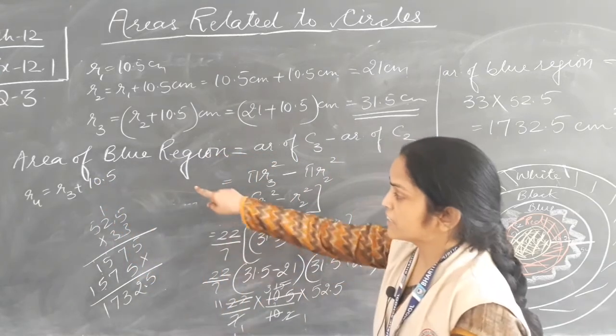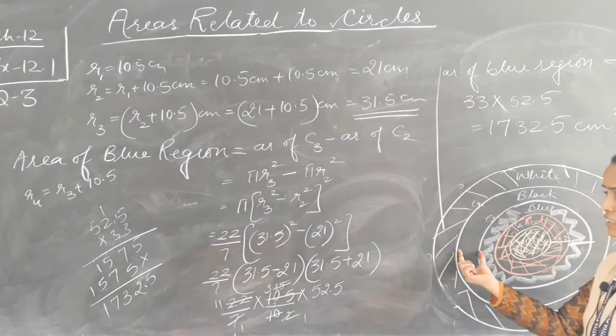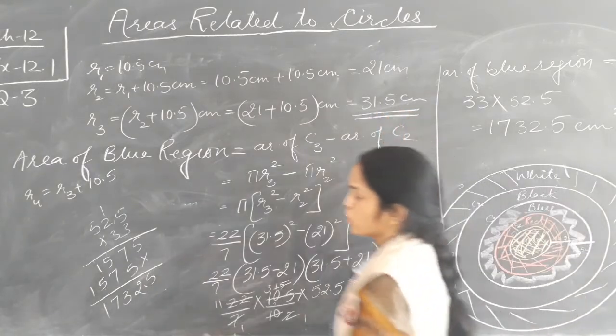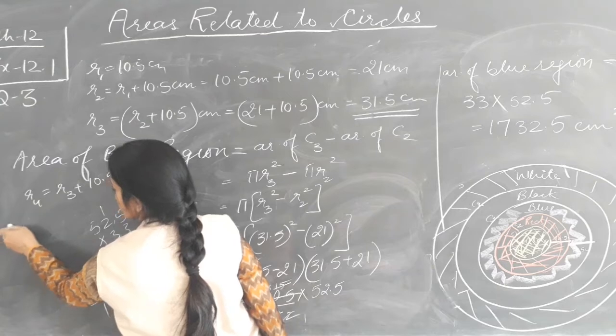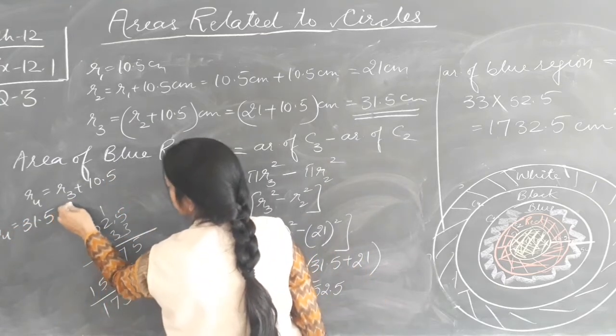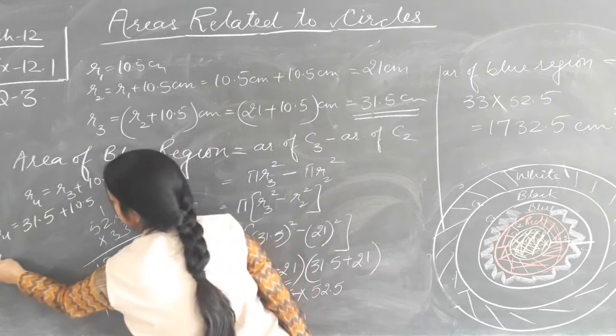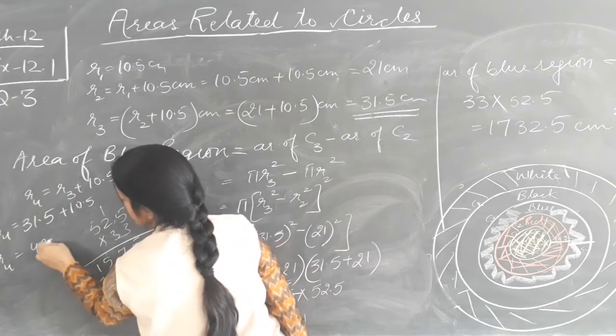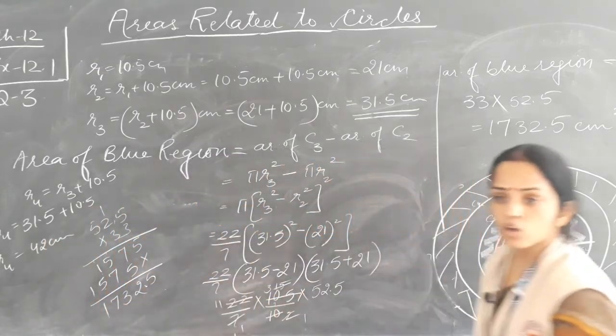So if we add this width 10.5 centimeter to R3, we will get radius R4. So R4 we will get as 31.5 plus 10.5. That is R4 is equal to 42 centimeter.